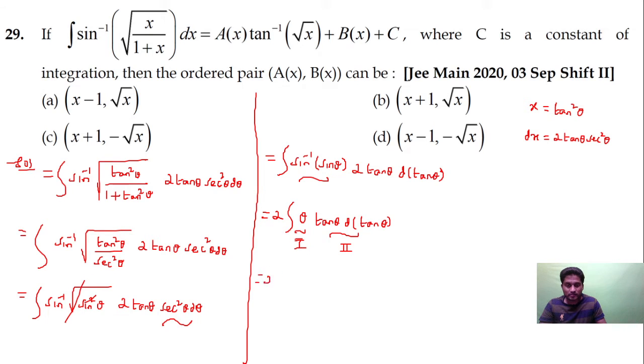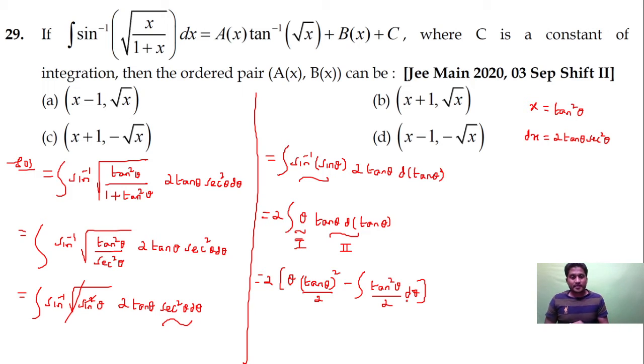Integrating tan with respect to tan gives tan square theta by 2. So 2 times theta into tan square theta upon 2, first into integral of second, minus integral of the derivative of first, which is 1, into tan square theta by 2 d theta.